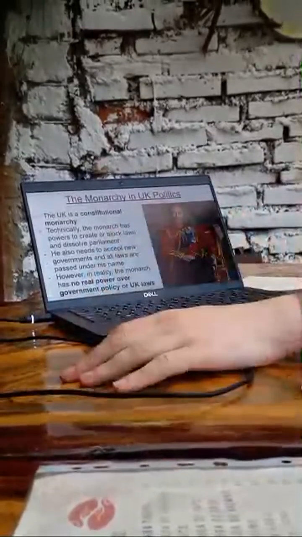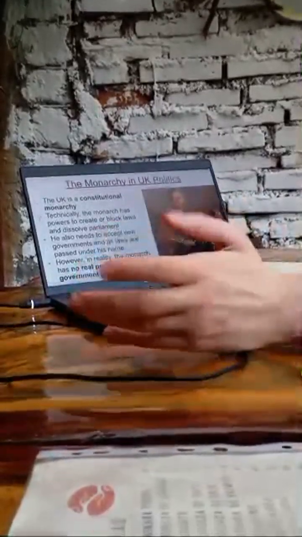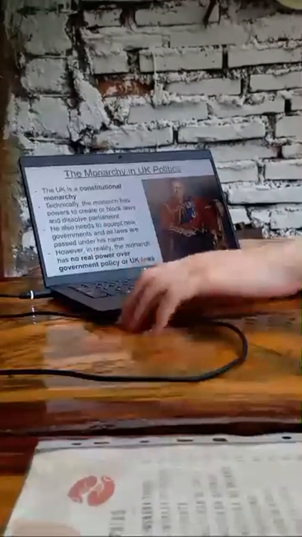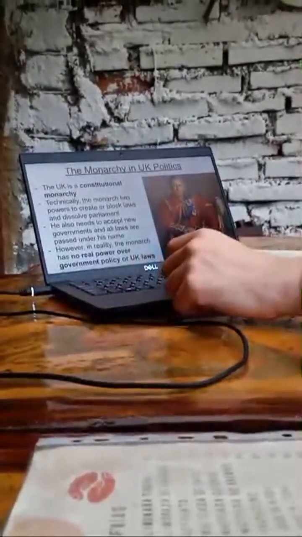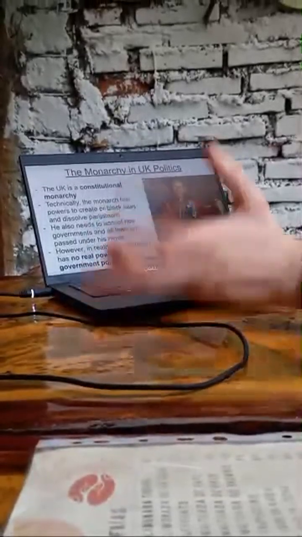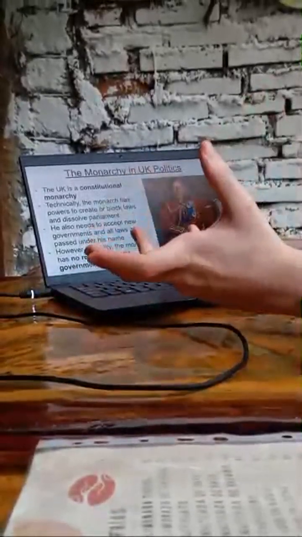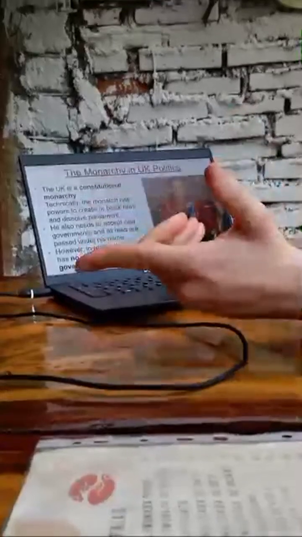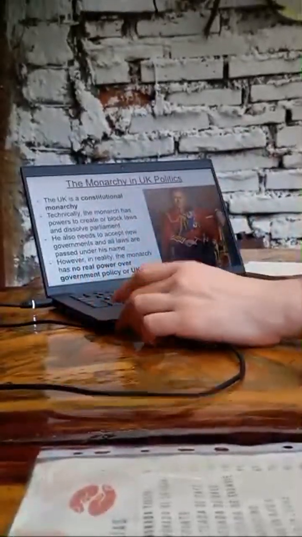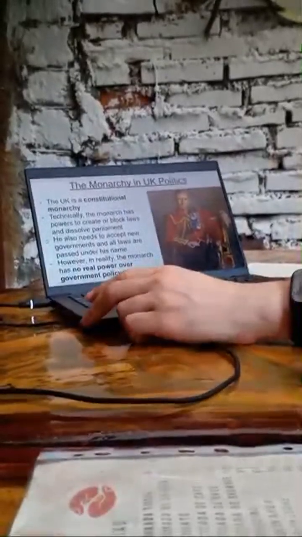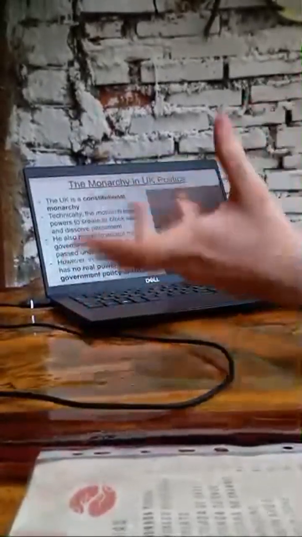So there's the monarchy. A lot of people have asked about this. Realistically, the UK is a constitutional monarchy. What this means is that while the king has theoretical power to make laws, block laws, or get rid of parliament, realistically, he has none of these powers. He cannot use them because all of the power is with the elected officials.